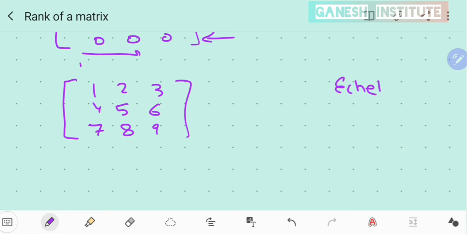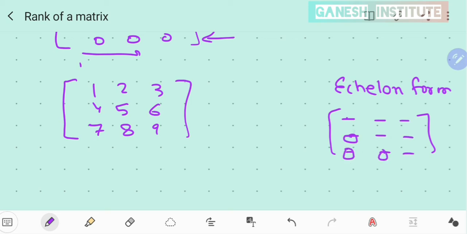Echelon form means you have elements here, but in this triangular part you have to make zeros. And how can you make these zeros? Using the first element, apply row transformations, and then using the next element apply the same. What I mean to say is that if you see this and this, you need to make them 0.